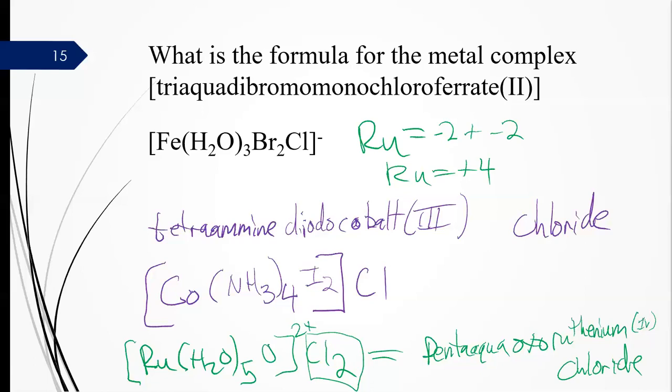If I were to give you just this part, penta-aqua oxoruthenium(IV), we should be able to figure out that that would give us this ion here with our 2+. And then if I told you you were going to partner that with chlorine, then you would know that you would need 2 chlorines in order to balance out that charge.